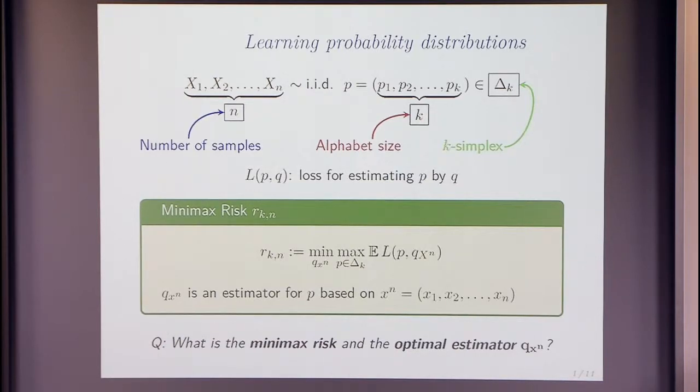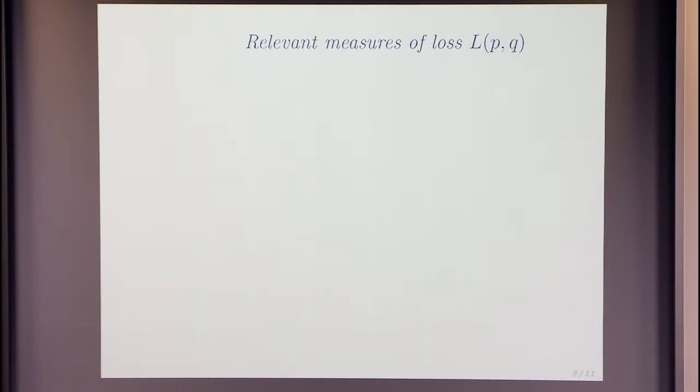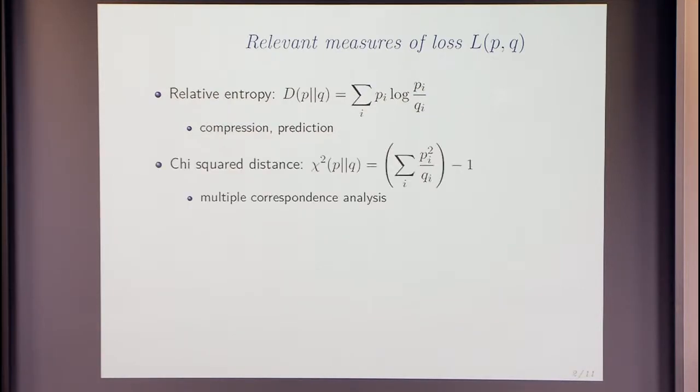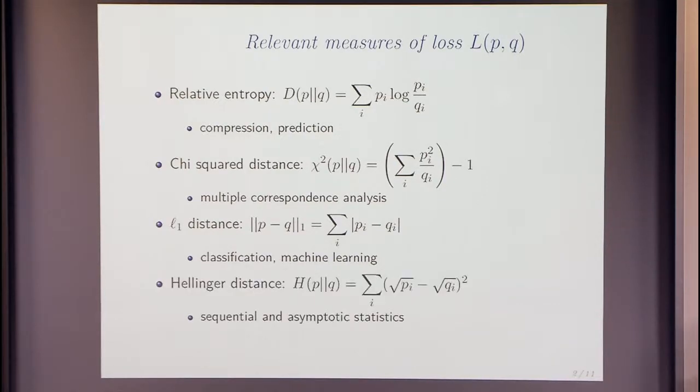Okay, here are some important measures of loss functions that are used in practice. Relative entropy, or the Kullback-Leibler divergence, important in compression and prediction. There is the chi-squared distance notion of loss, important in multiple correspondence analysis. There's L1 distance, very important in classification and machine learning. And there is Hellinger distance.